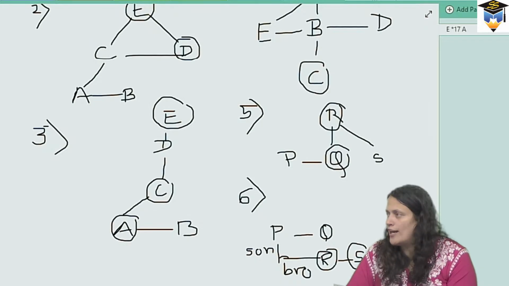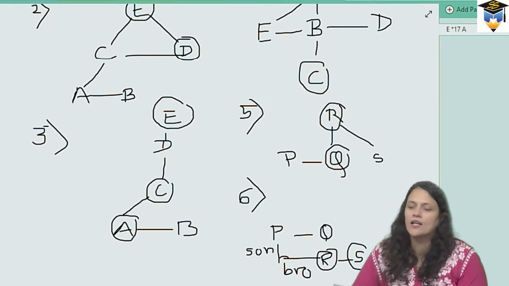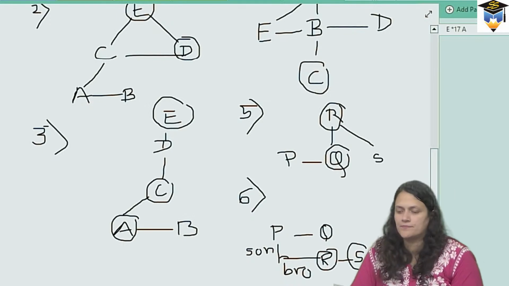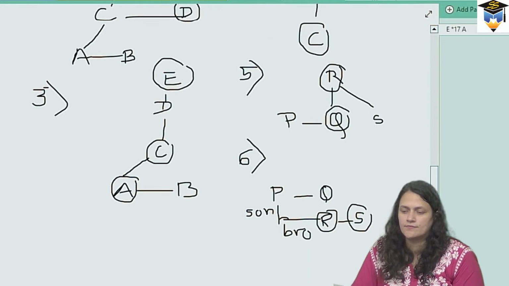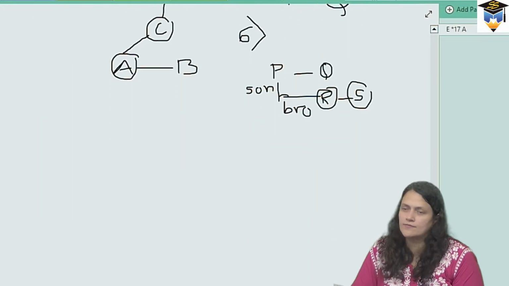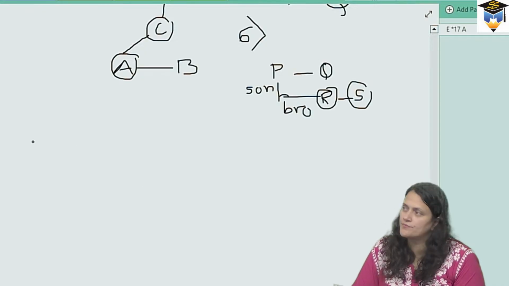Q is the uncle of R. Correct? Now the seventh one.